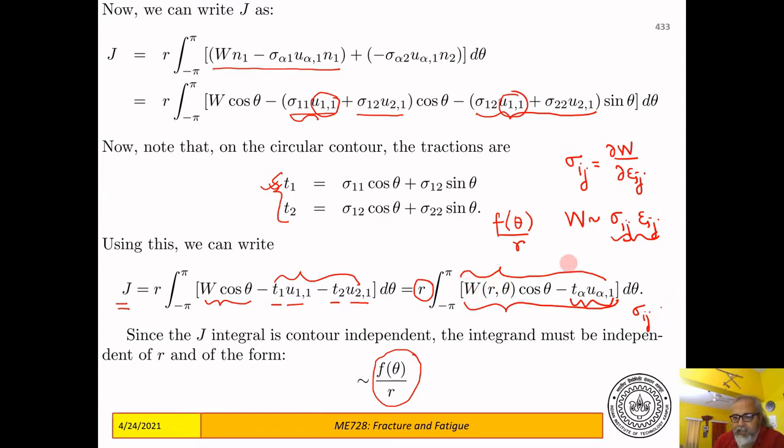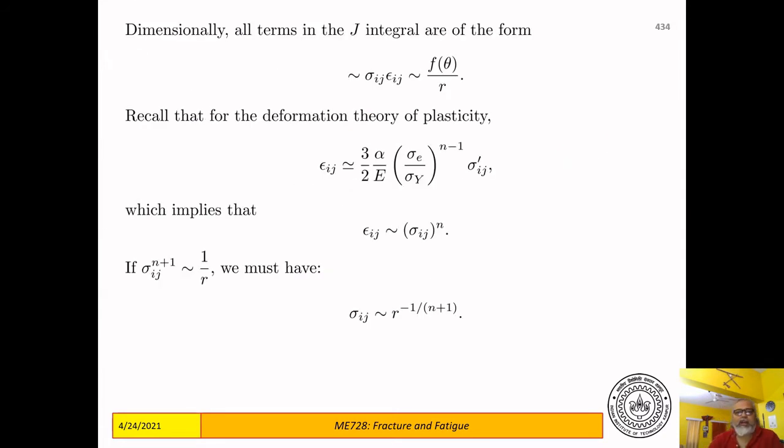So this quantity and this quantity are both dimensionally stress times strain kind of quantities, and they have to vary as f theta by r. So from deformation theory of plasticity, we have already seen this. This is how the total strain varies with the total stress, in this case the deviatoric stress.